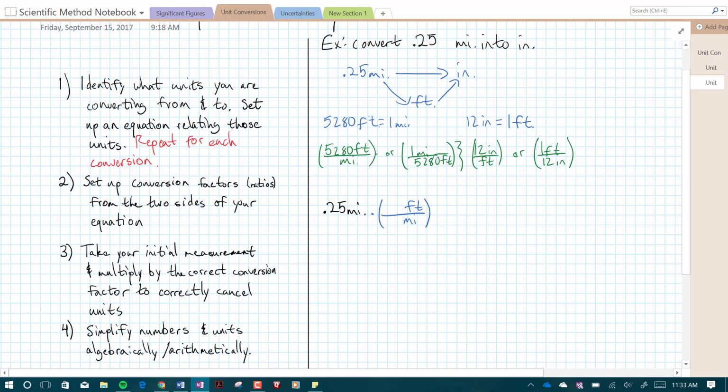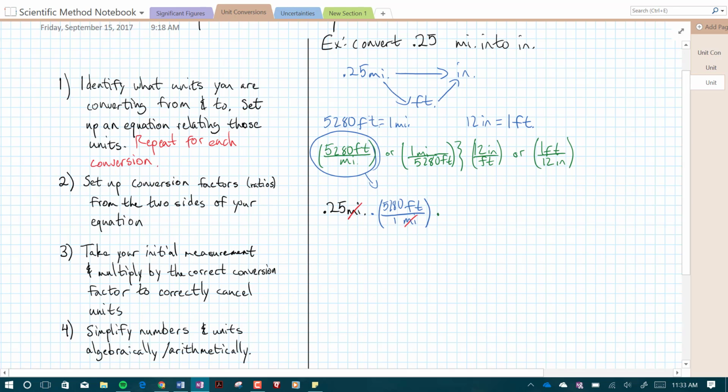So that means we're going to have to use the left conversion factor, 5,280 feet per 1 mile. If we cancel out units, we are going to be left with units of feet. So that's good.